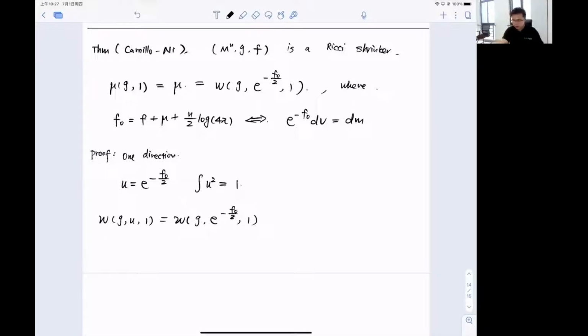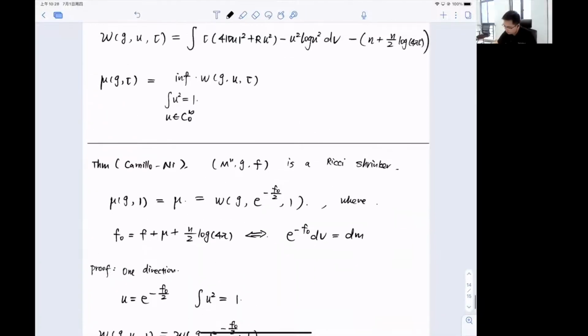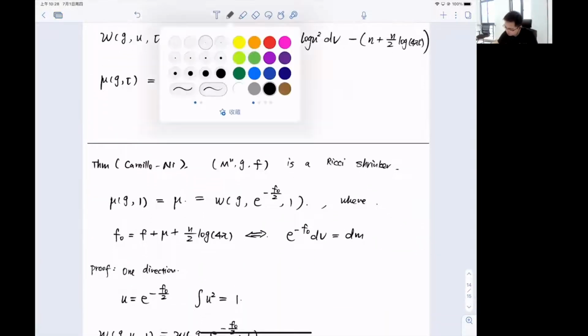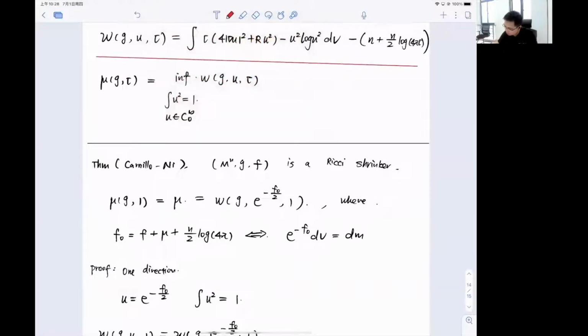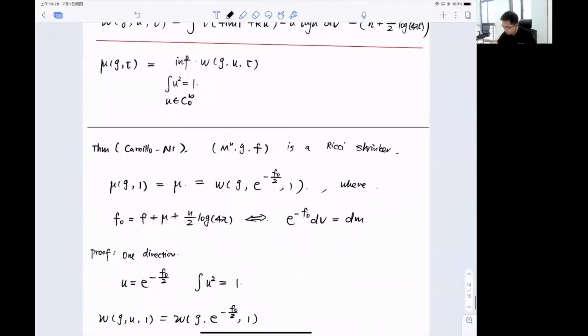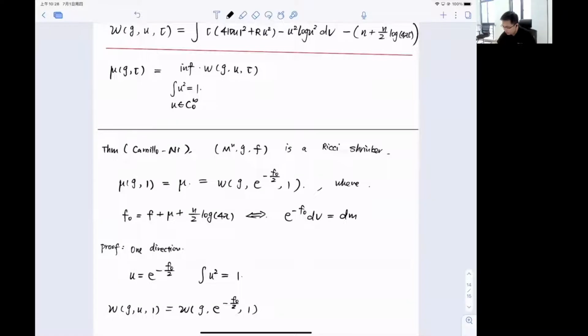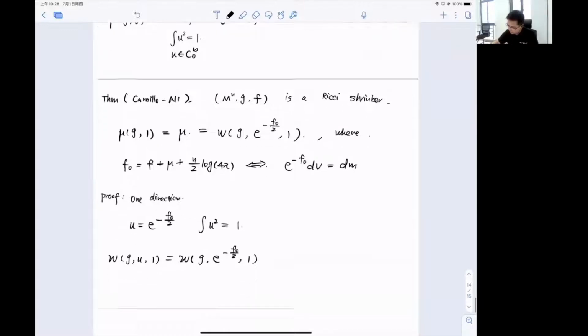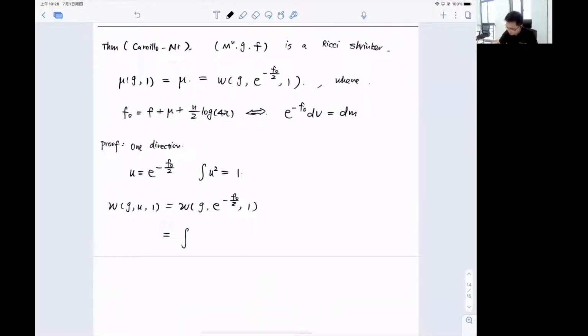Using the definition of the W functional, with some long calculation, after choosing u to be e to the negative f0 over 2, we can rewrite this as the integral of gradient f squared plus scalar curvature plus f minus n times e to the negative f0 dV plus our entropy mu.